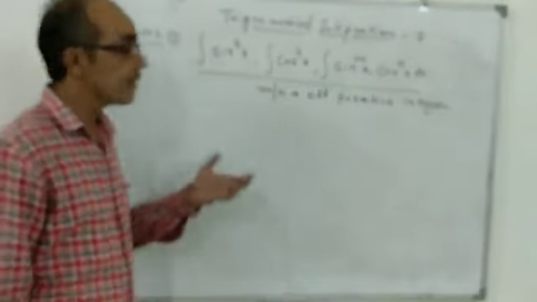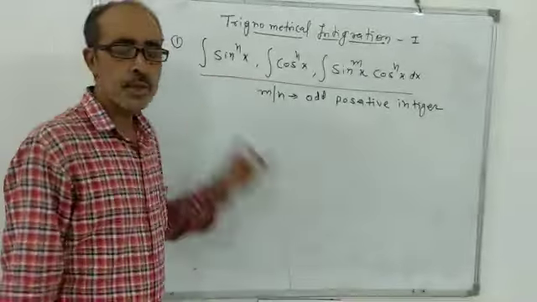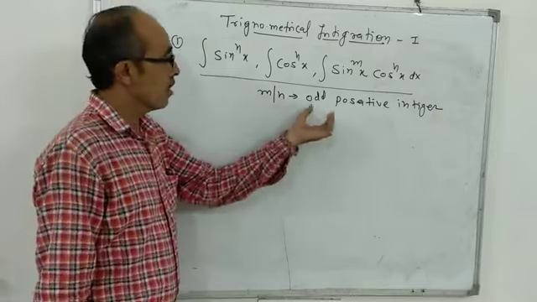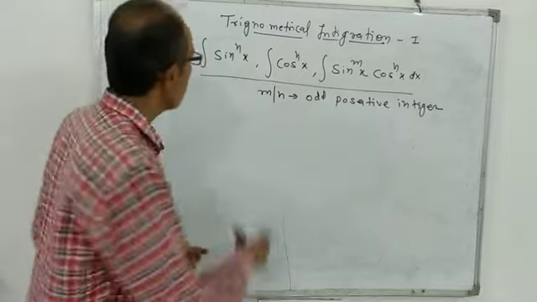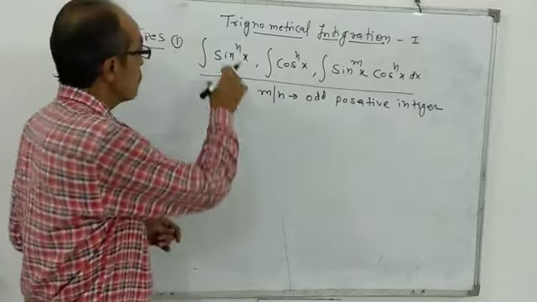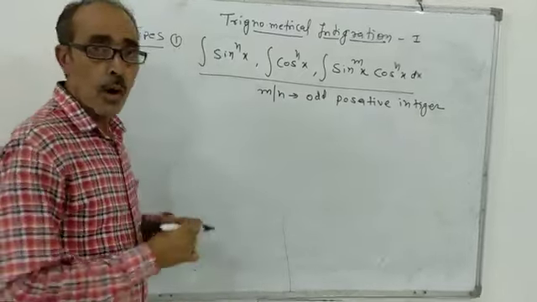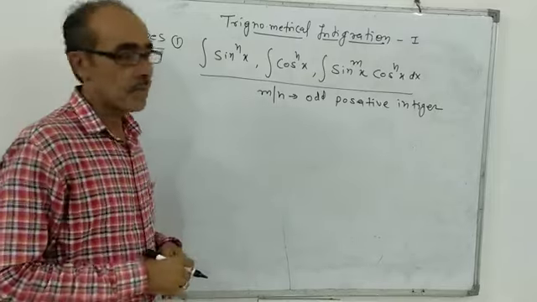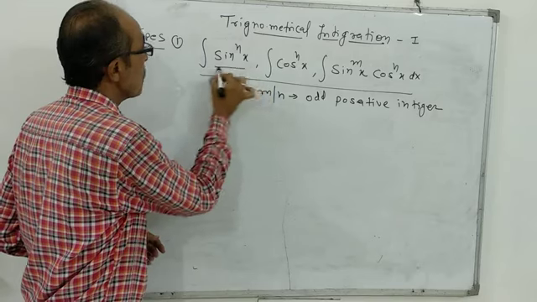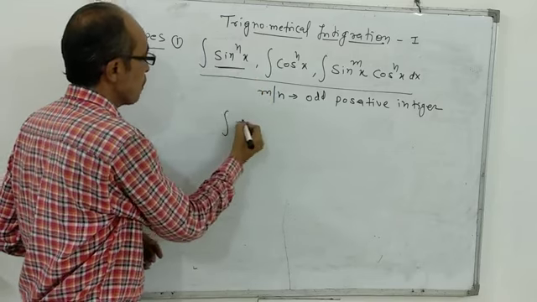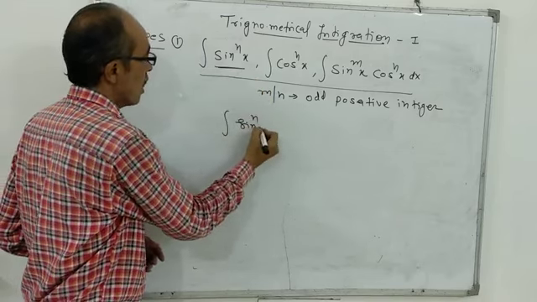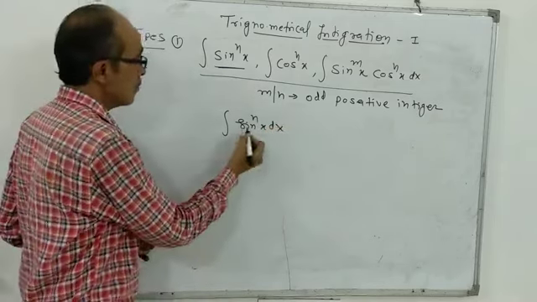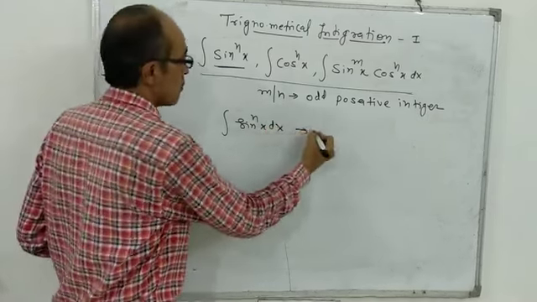For this type of integral, when the power of the trigonometric function, sine or cos, is an odd positive integer, the method is to distribute the odd power into even and odd parts. That means this is our function, sin^n x dx, and we distribute it into even and odd.